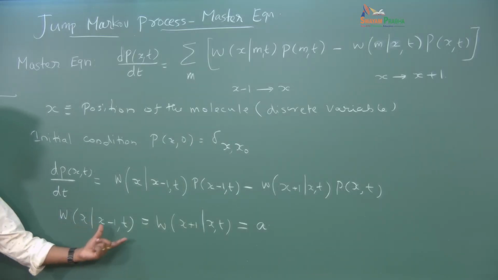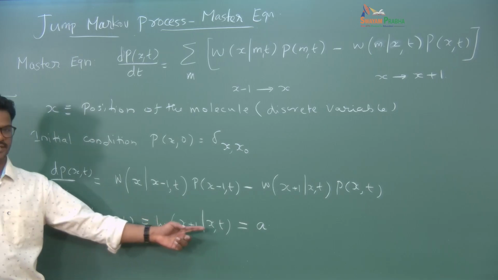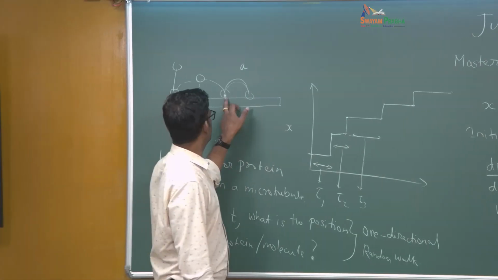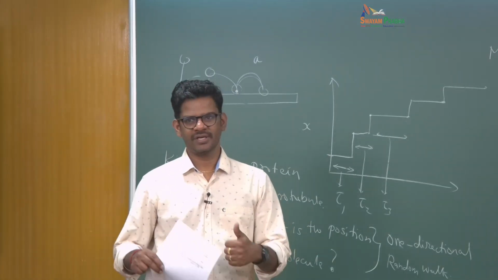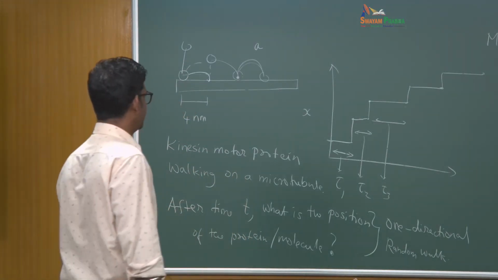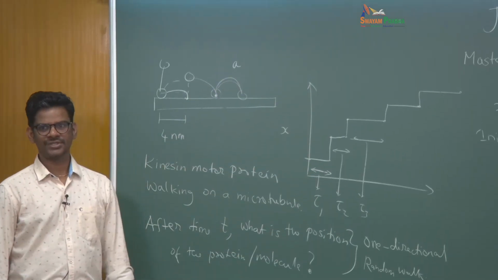The rate of jump or the transition probability per unit time does not depend on the position x or x minus 1, it is a constant. So whether it's going to be here or here, the rate is always constant. This is an assumption that we are making, because it doesn't depend on the current position. So whether it is in the nth point or nth plus 1 point, the rate of this jump is a constant. That is an assumption that we are making.